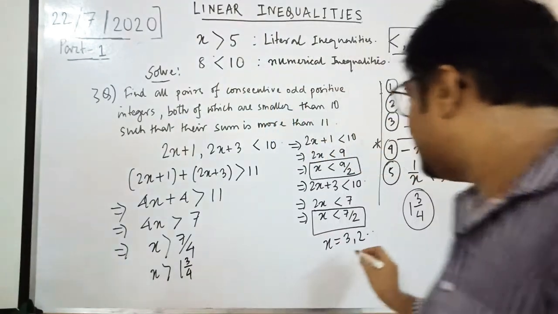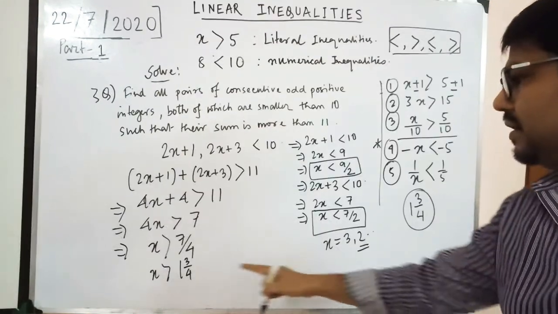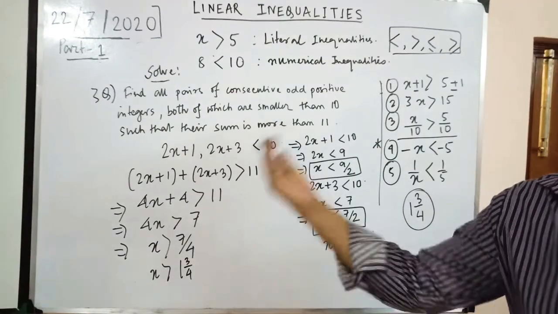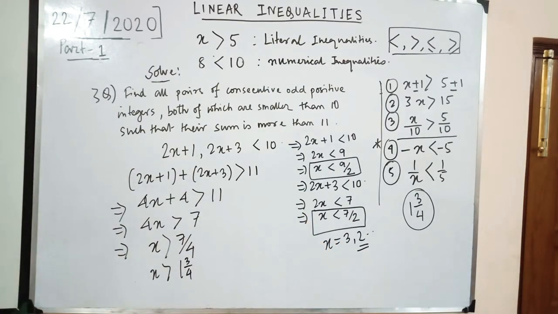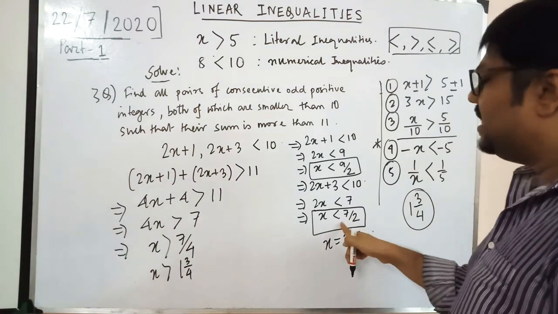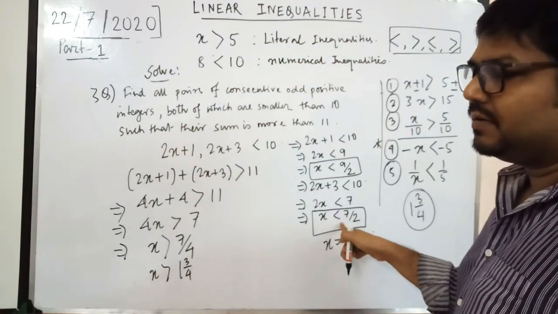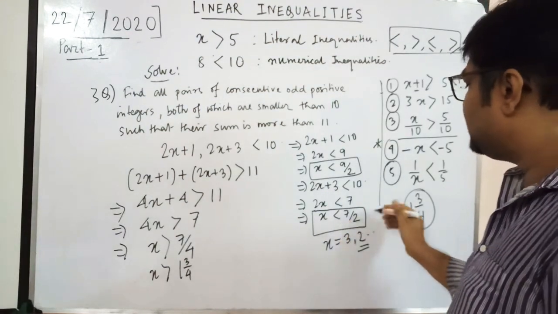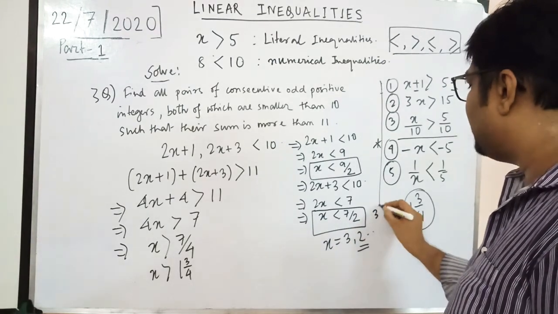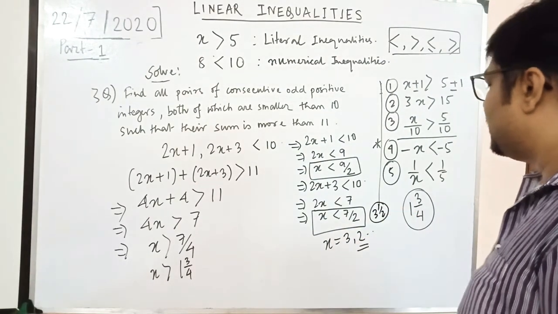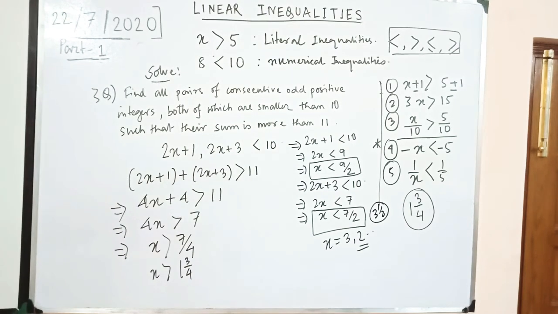So that's why I have written 2. That means x can be more than 1 whole 3 by 4 means what? It will be 2, 3 onwards, and here there is a restriction that it will be less than, this means 3.5. So these can be the possible numbers.